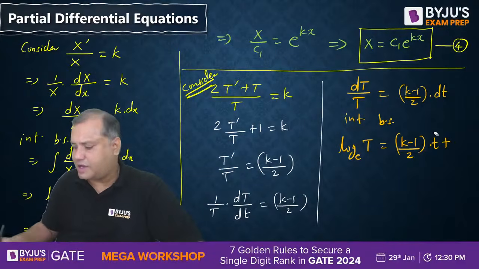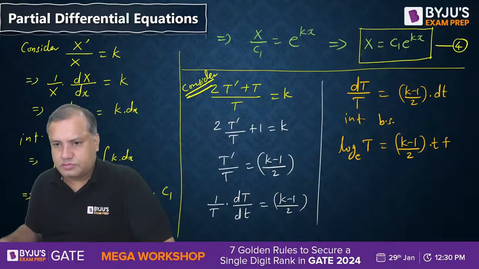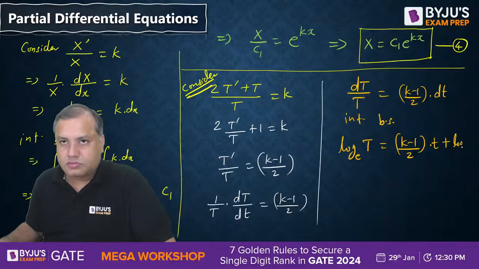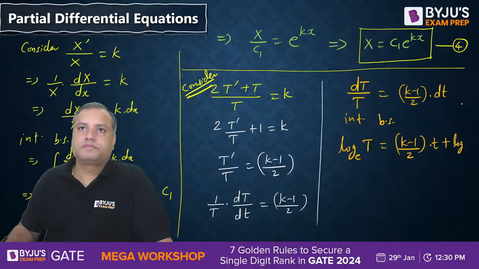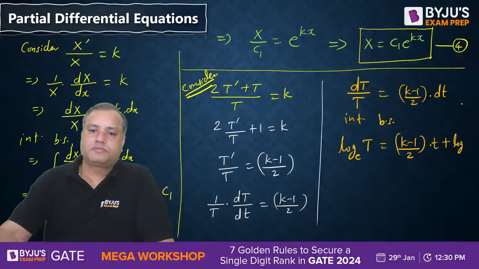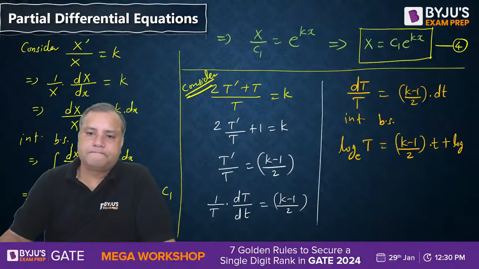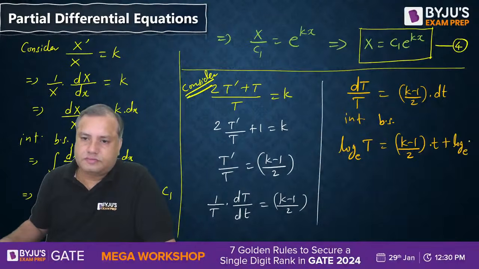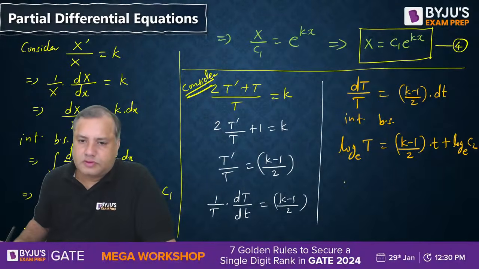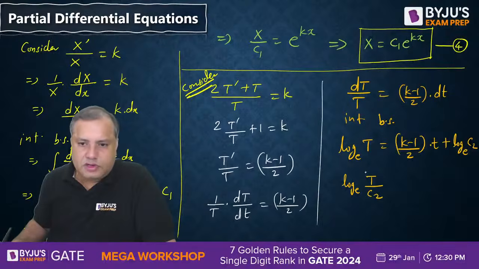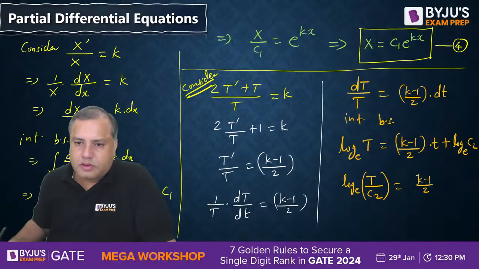In fact, we will be adding log c2. So log T minus log c2, log T by c2, equals k minus 1 by 2 into t.